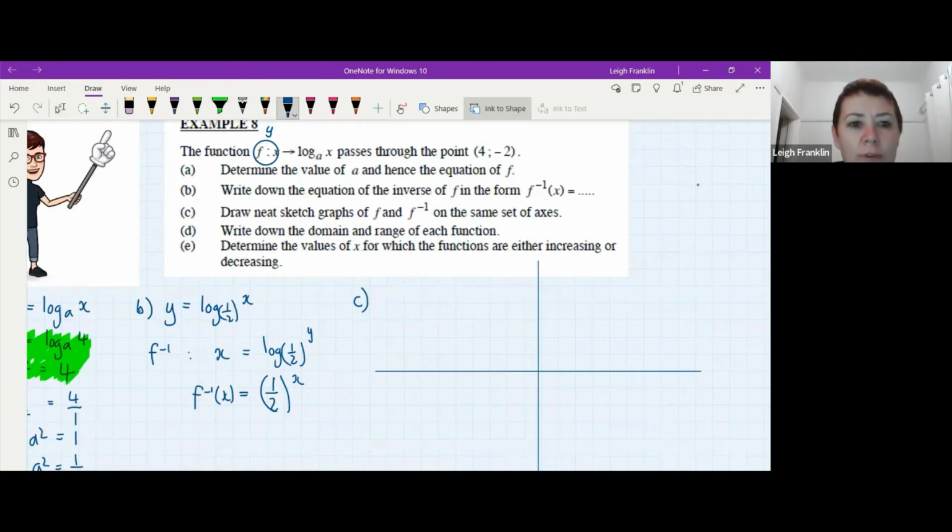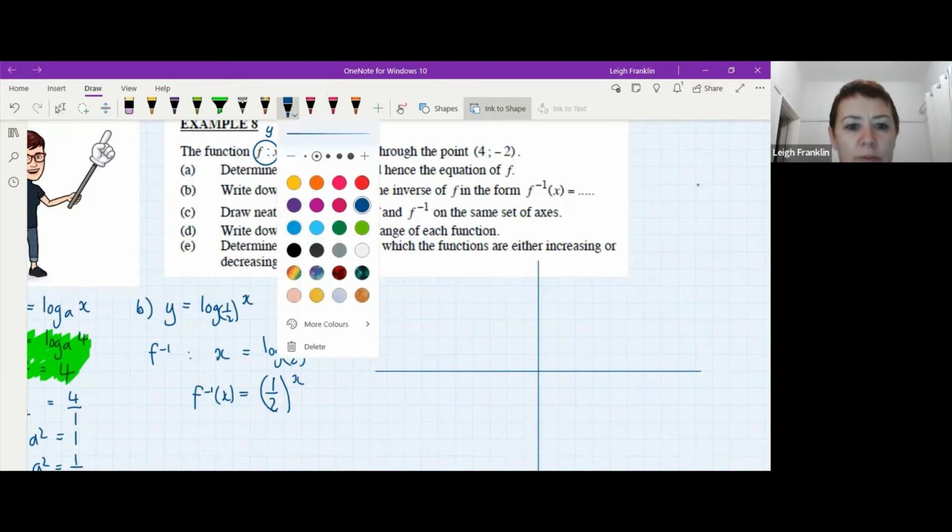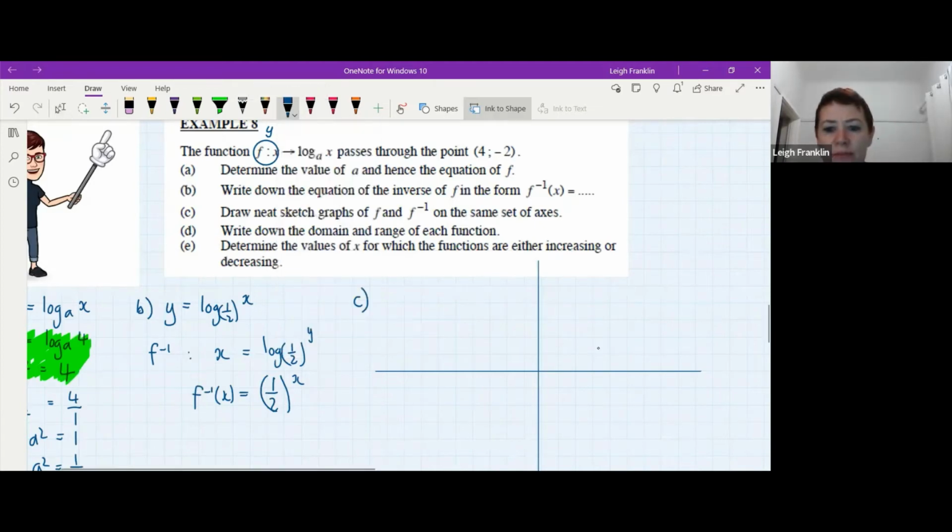Our graph of the original function, f, is going to look like what? It's that horrible one that I can never draw. I'm going to start here and do something like that. It's horrible, but it's better than nothing. So that is going to be f.